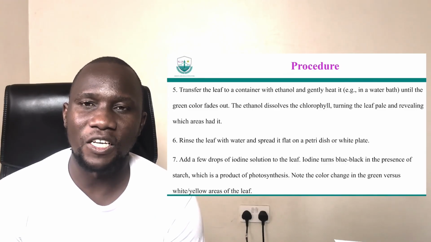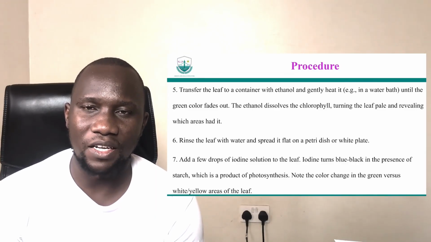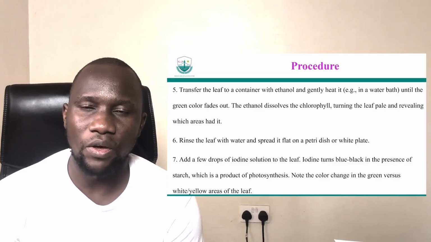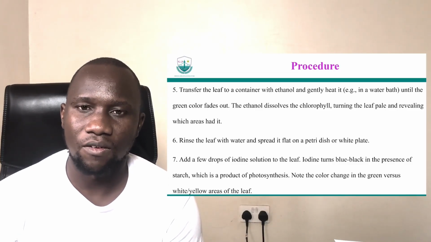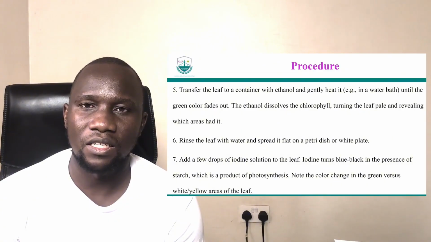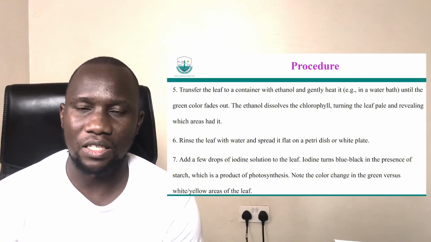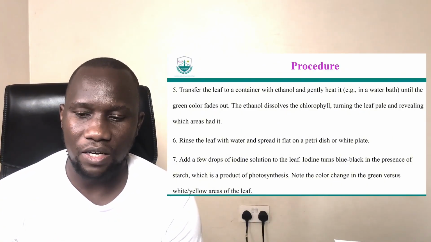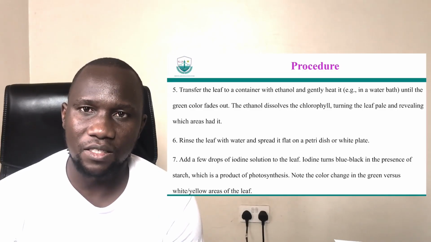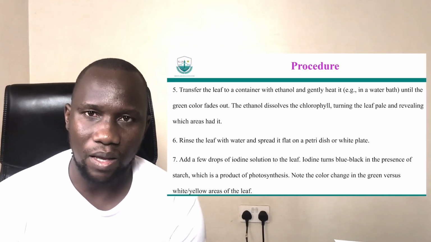The ethanol helps in that process of decolorizing. So you heat until the green color fades and the leaf appears purple.